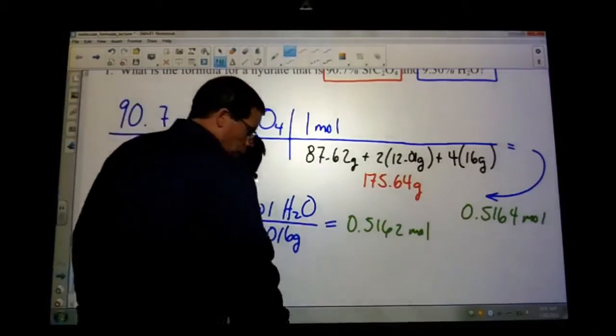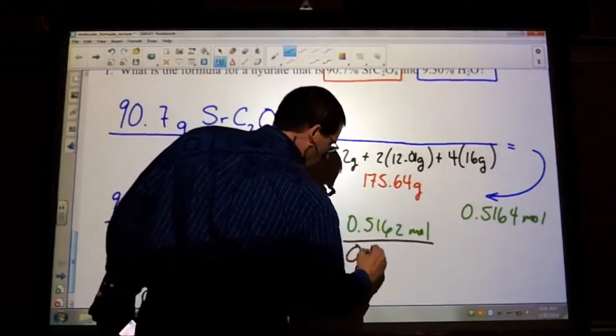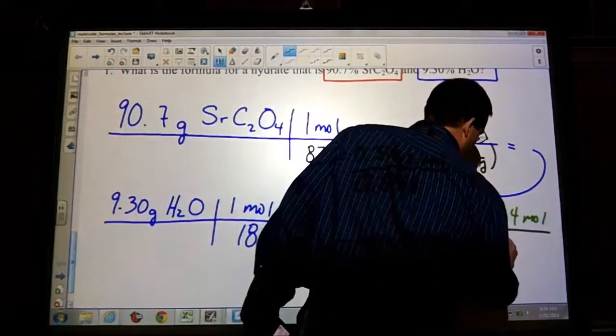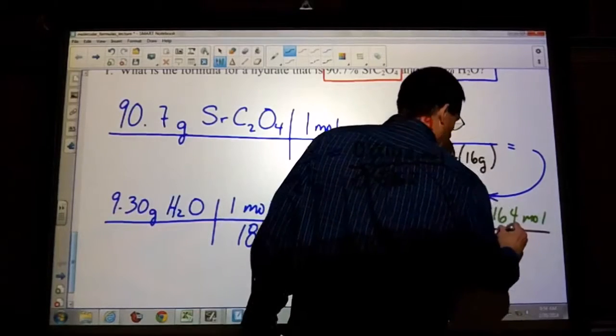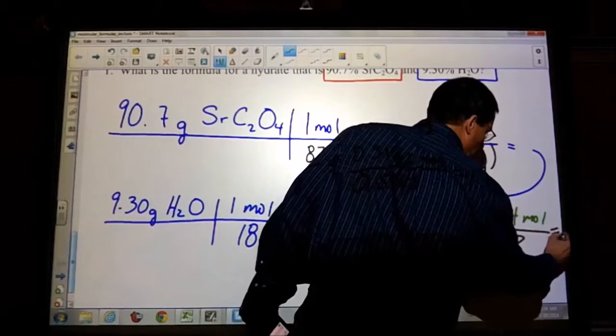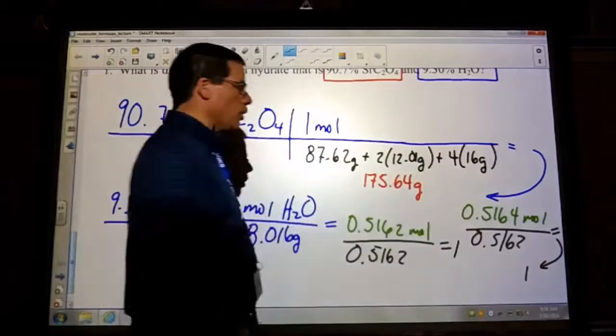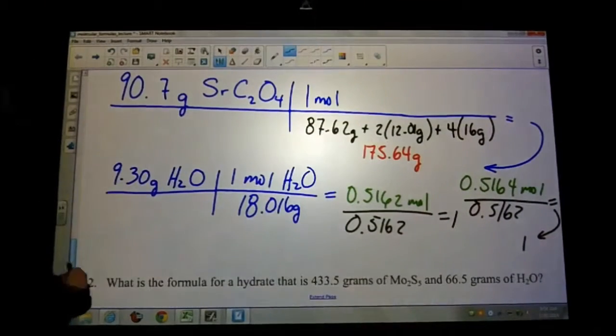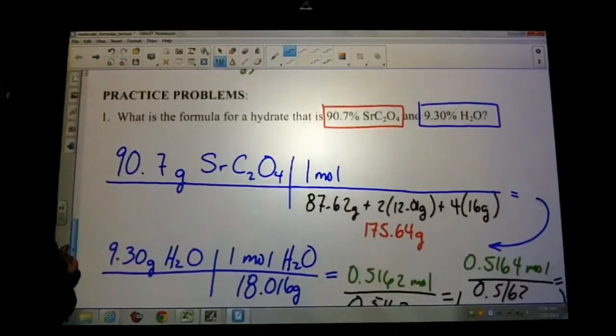So divide it by the smallest value, which I think is that one. 0.5162 divided by 0.5162 is 1. So our ratio is 1 to 1. So when I write this formula out, actually let's put it up here.